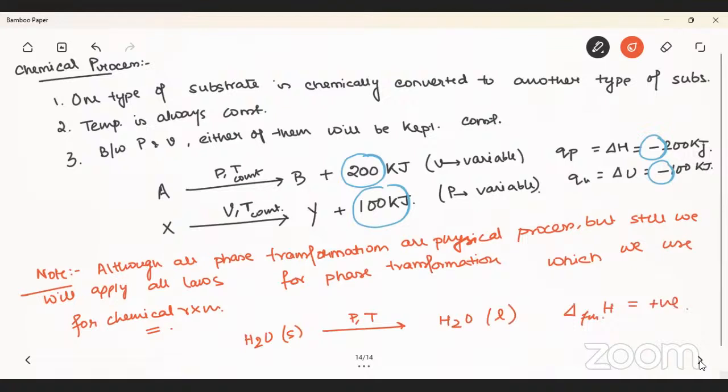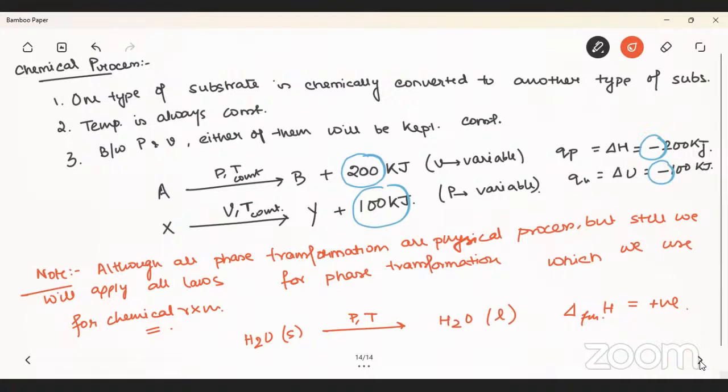Now they ask you if this equation is right or wrong in your exam. So what you can think is that ma'am told us that all the physical transformations like vaporization, melting are physical processes.